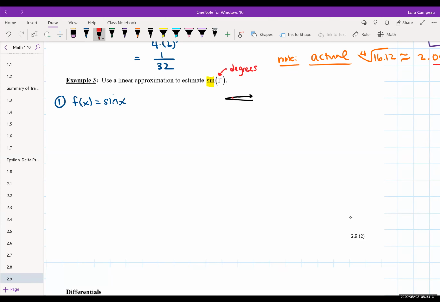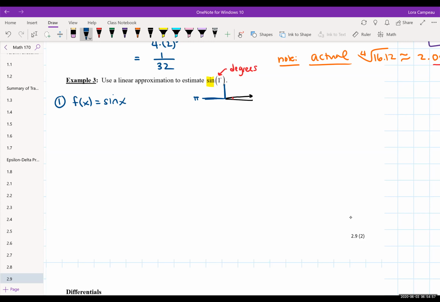Remember, if you're looking at the sine of 90 degrees, we have a right angle. The sine of 180 degrees, that's a straight line. And what does that mean? 180 degrees, that's pi. And what's pi approximately equal to? 3.14, yeah.